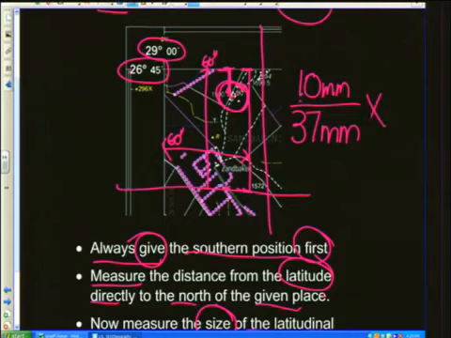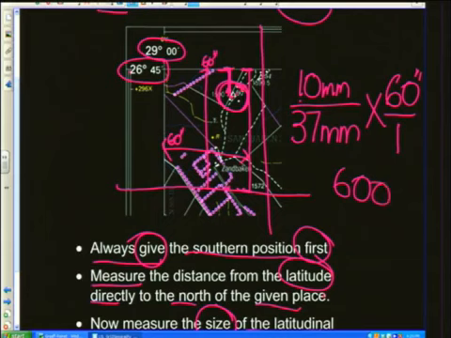So what we will do, therefore, is multiply that by 60 over 1. Note the 60 seconds is in terms of the time given between two lines of latitude. 10 times 60 is 600, divided by 37, roughly estimated, we're going to mark that as x seconds.